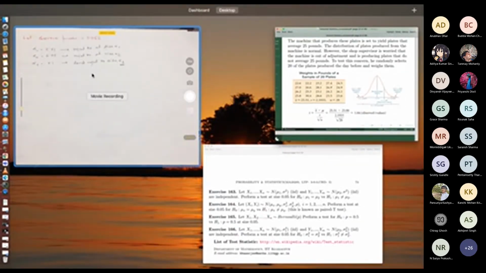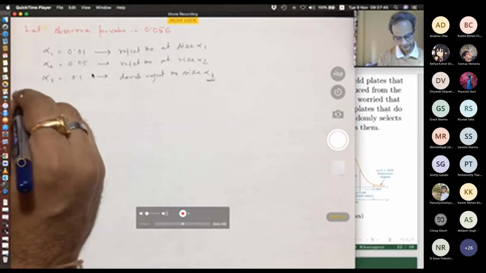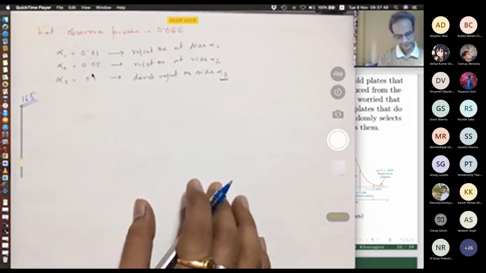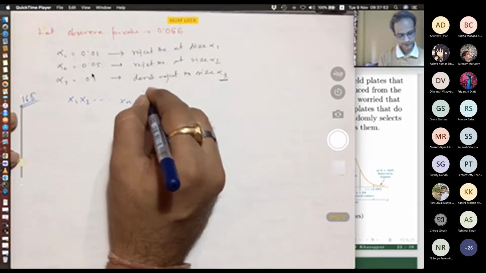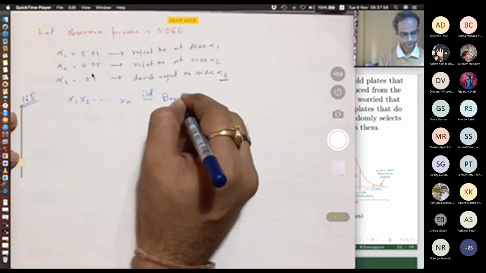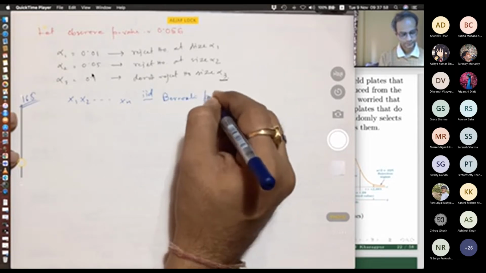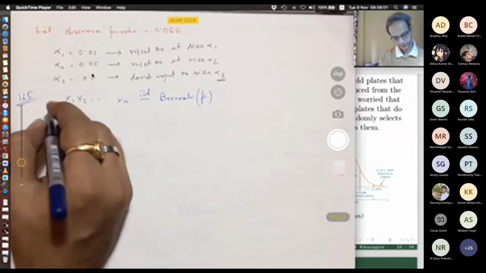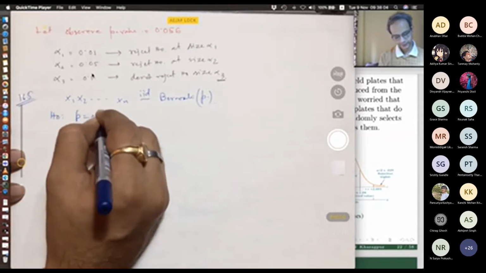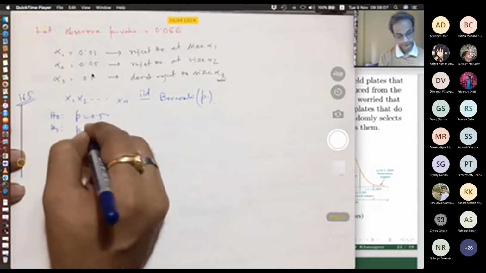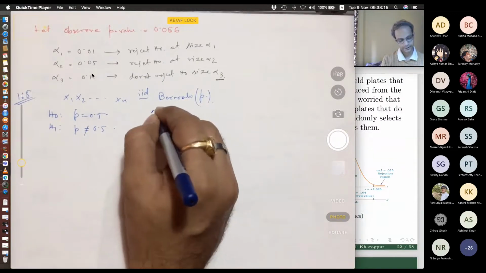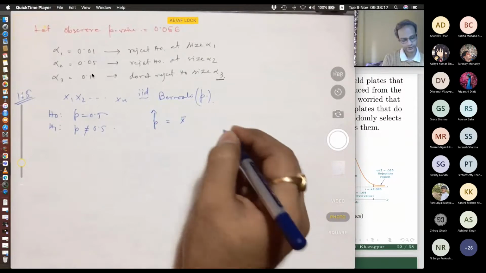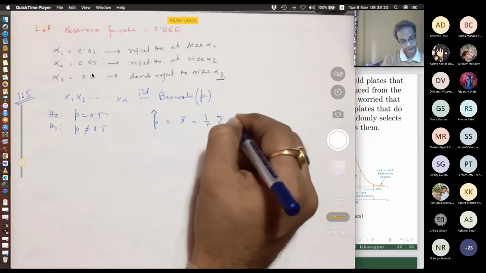So 165. X1, X2, Xn are IID Bernoulli P, right? H0 is claiming P equals 0.5, H1 P not equal to 0.5. Now here you can estimate P by X bar, which is 1 upon n sum over Xi.